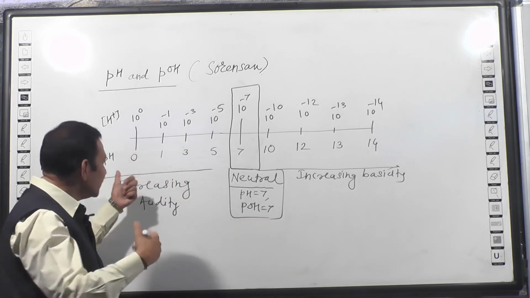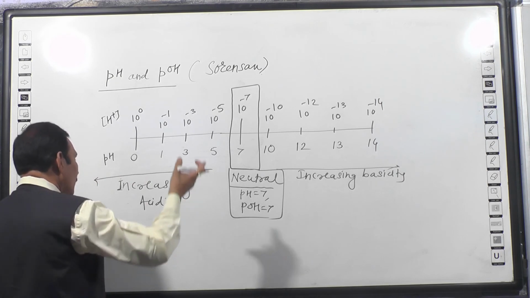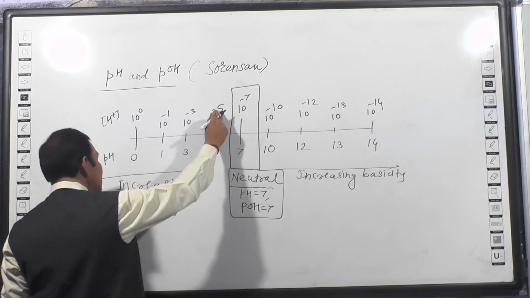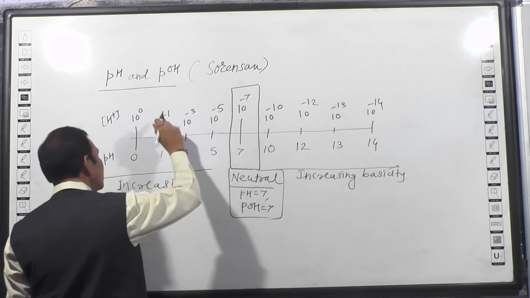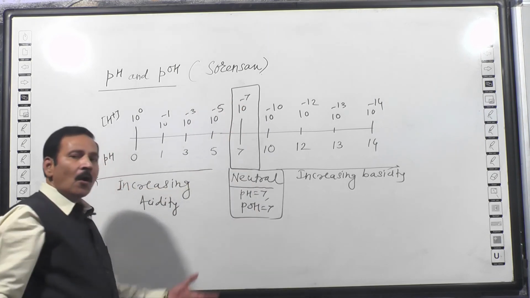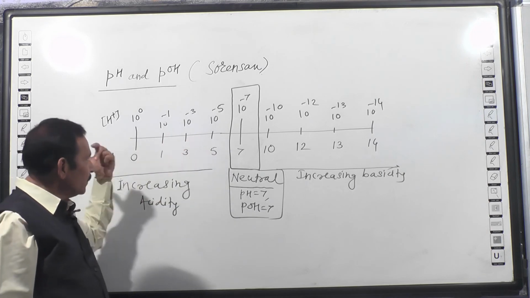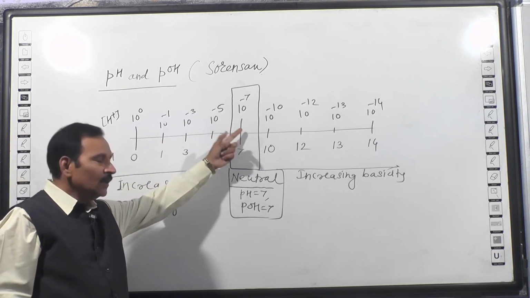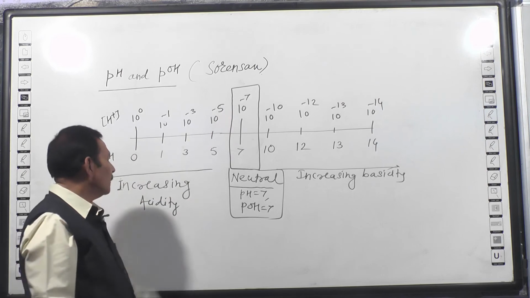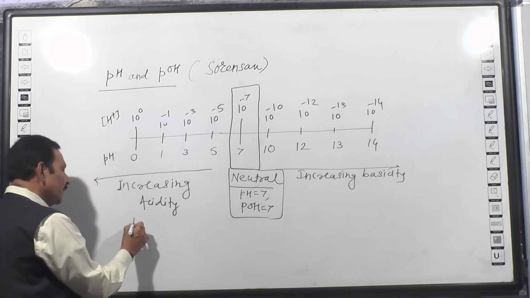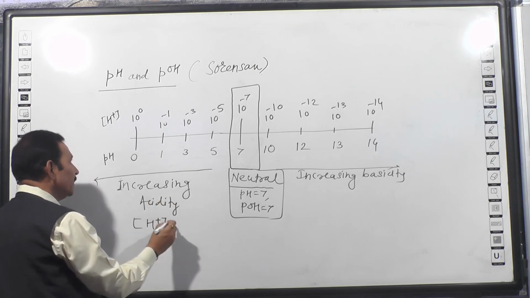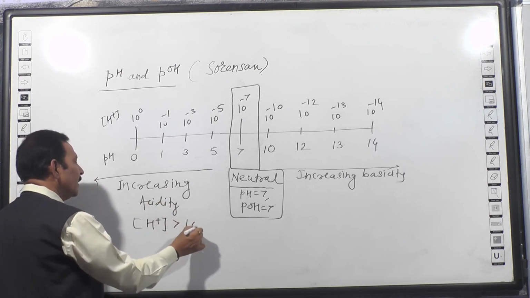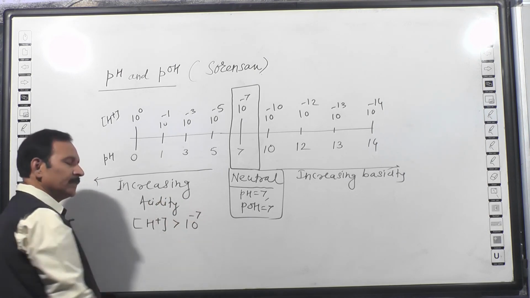See on the left hand side of the scale how the values of H plus are minus 5 greater than minus 7, minus 3 greater than minus 7, minus 1 greater than minus 7. All the values of H plus to the left of this are greater than 10 to the power minus 7. So we can say H plus ion concentration on this side is always greater than 10 to the power minus 7, isn't it?